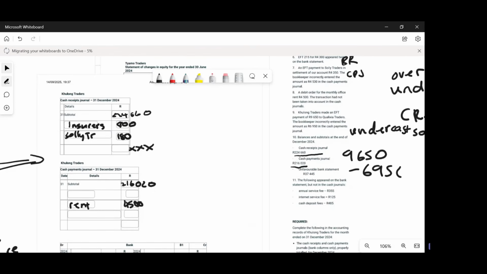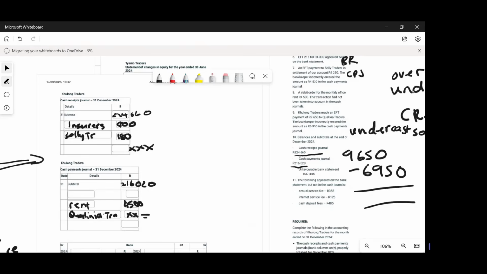The difference, you record on your cash payment as an undercast. The name of the company is Qualixia, so here you record Qualixia traders, and then you record the difference in the same cash journal where it occurred, because it's an undercast. So you record it in the same journal. Do you understand? Yeah.